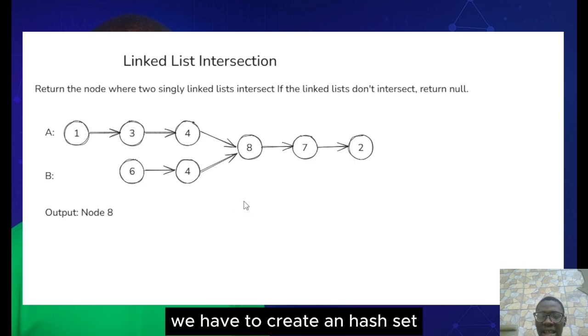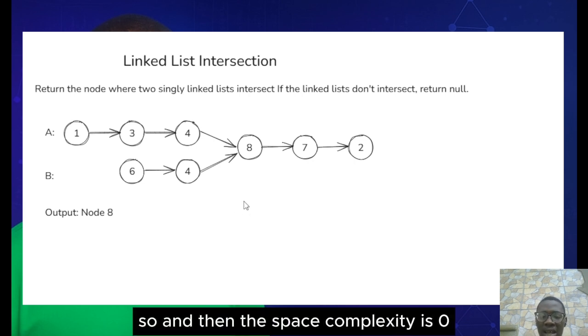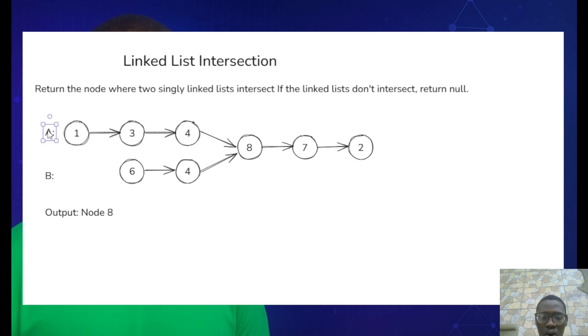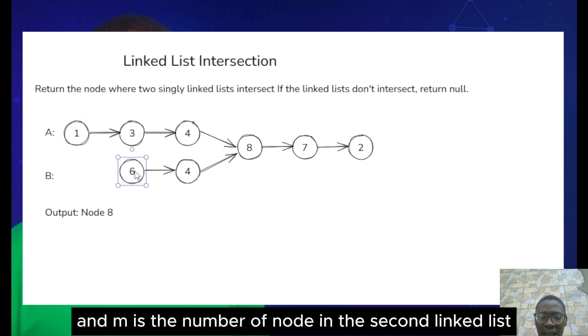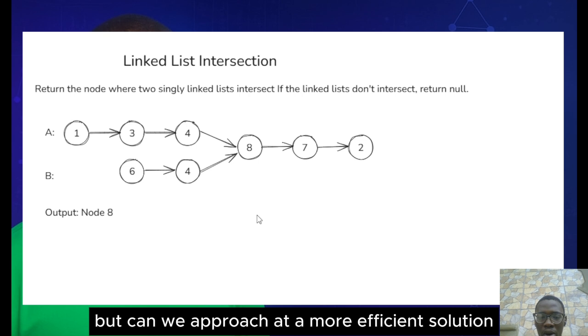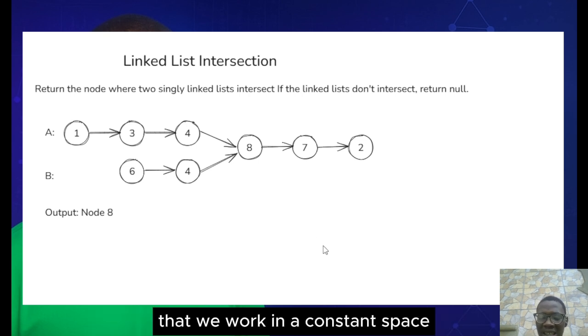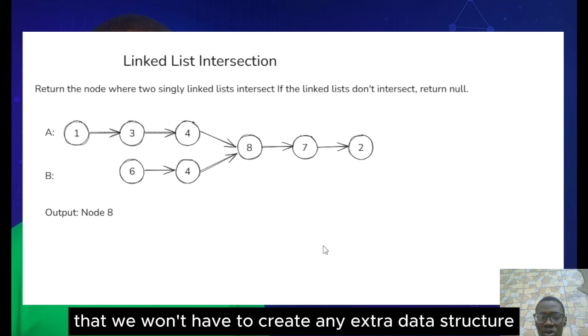We have to create a hash set, so the space complexity is O(n + m), where n is the number of nodes in the first linked list and m is the number of nodes in the second linked list. But can we approach a more efficient solution that works in constant space, that is, without having to create any extra data structure?